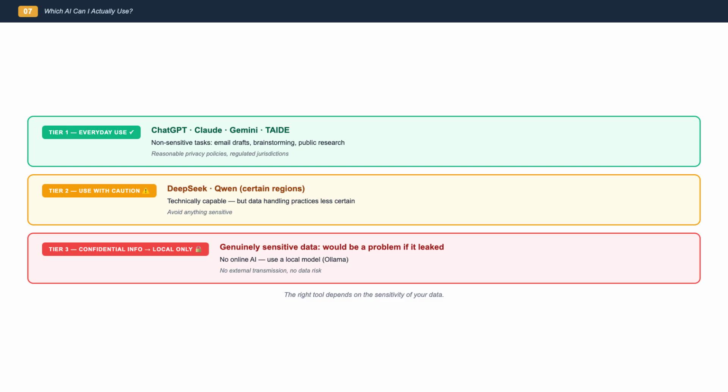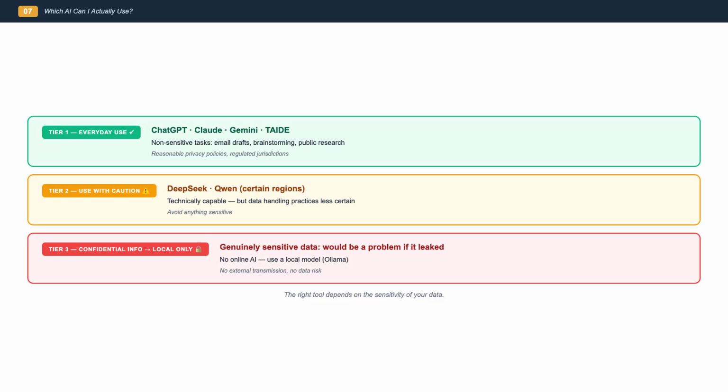They have reasonable privacy policies and are regulated in responsible jurisdictions. For non-sensitive use, these are fine. The second tier: services from certain other regions, such as DeepSeek or Qwen. These may be technically capable, but their data handling practices and jurisdictional oversight are less certain. Avoid putting anything sensitive through these services.